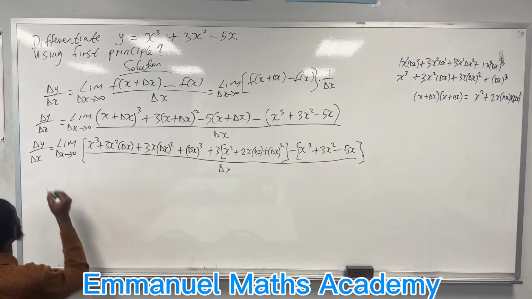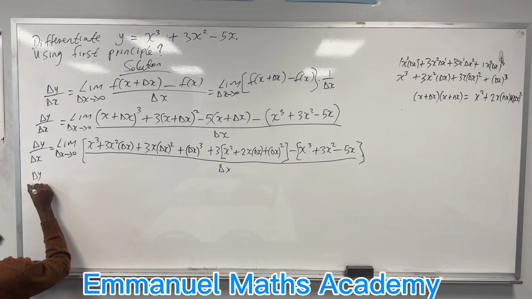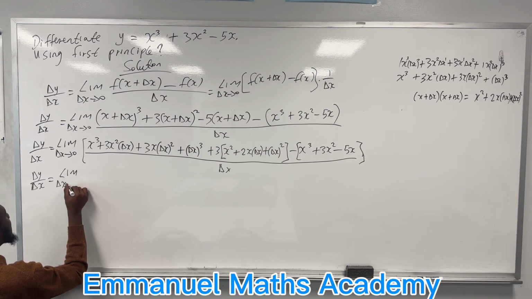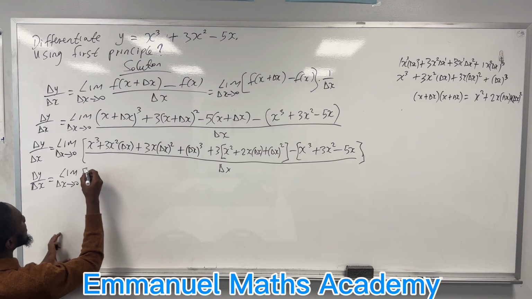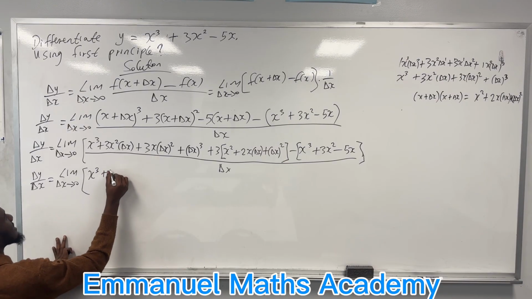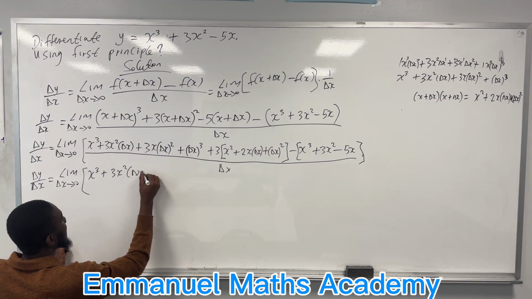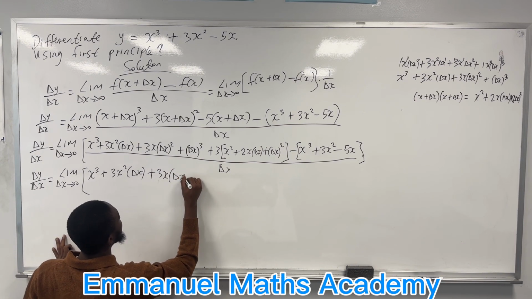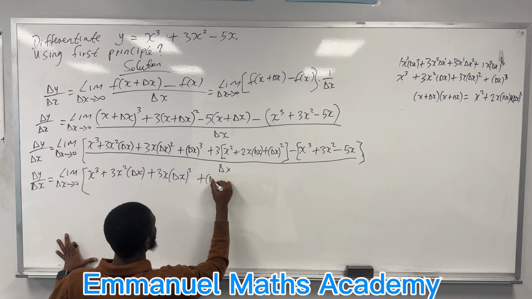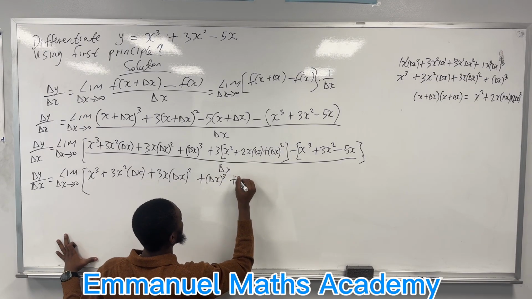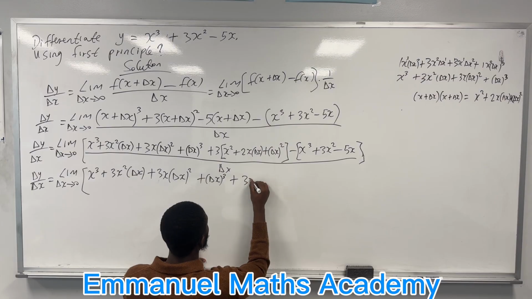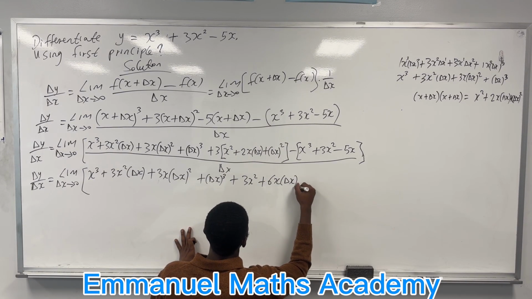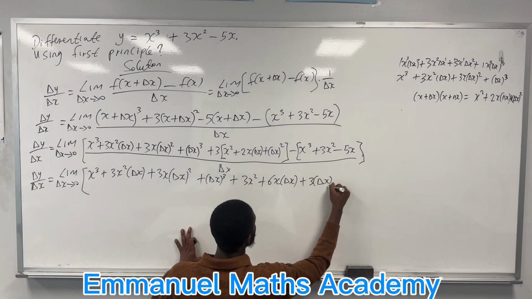If we do that, you have change in y over change in x equal to the limit as delta x tends to 0 of x cubed plus 3x squared delta x plus 3x delta x squared plus delta x cubed, plus 3 times this, which gives 3x squared plus 6x delta x plus 3 delta x squared.